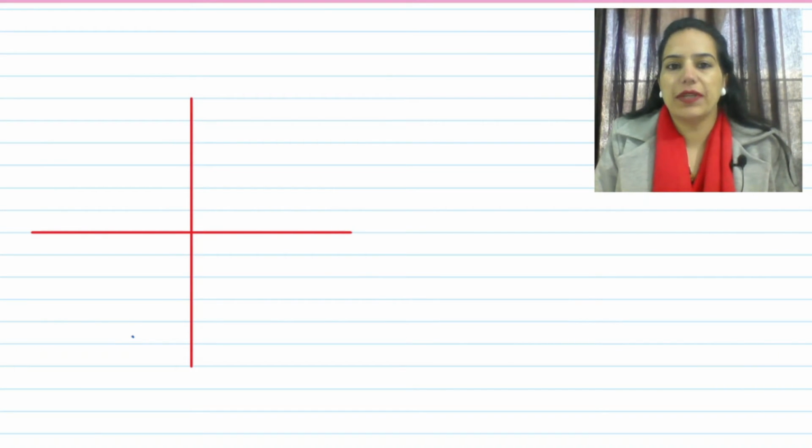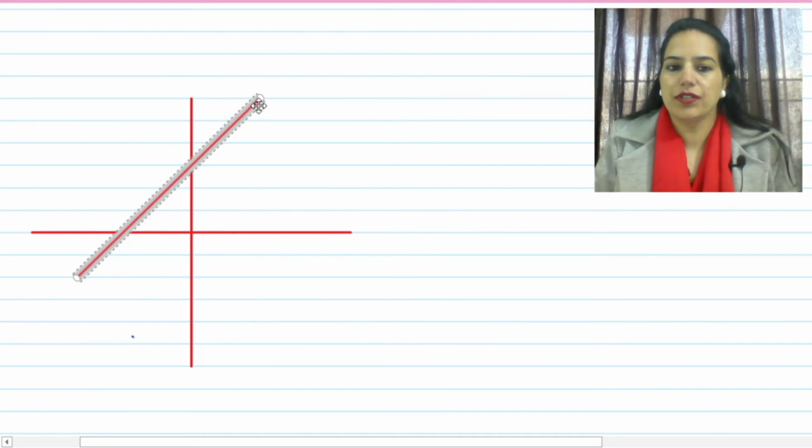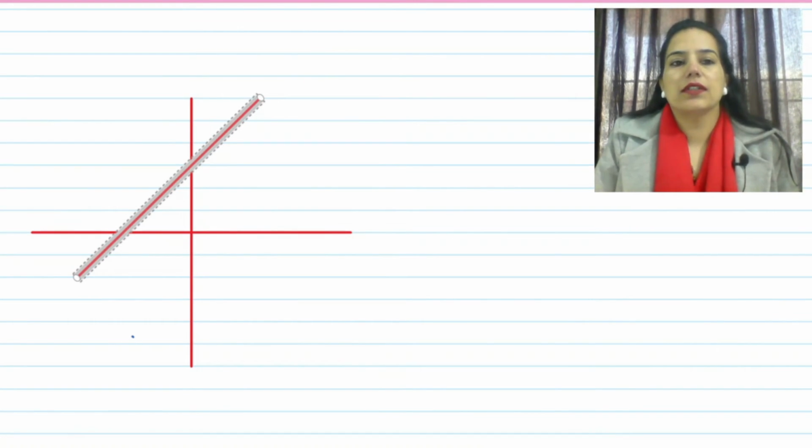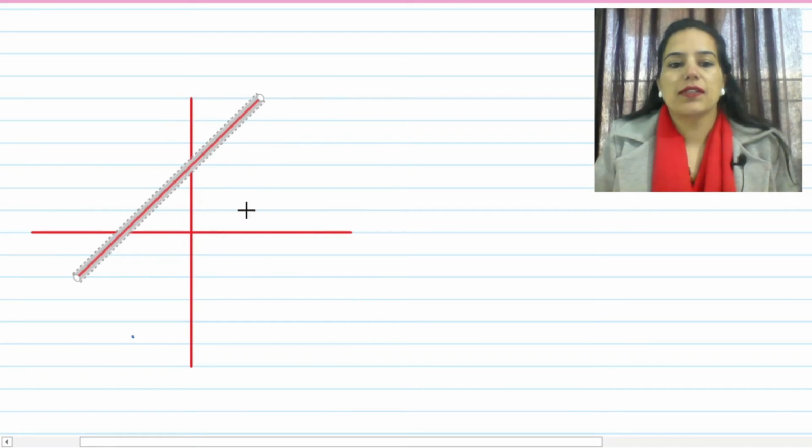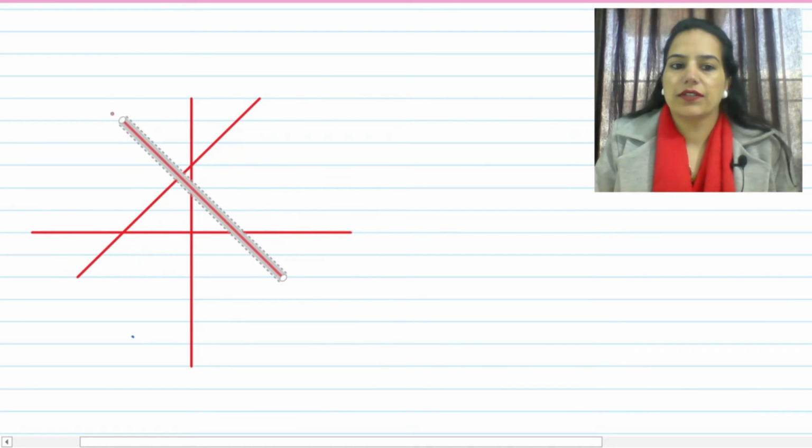The inclination may differ, like this line could be from here to here, or the line could also be somewhere from here to here, right? So a linear polynomial will always have a straight line graph.